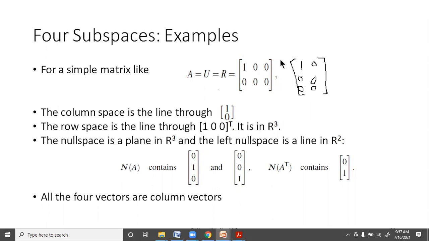This is a 2 by 3 matrix, and then we should have a 3 by 1 matrix, X, which is x1, x2, x3, equal to 0. If you write AX equal to 0 and solve it, then we will get the null space.